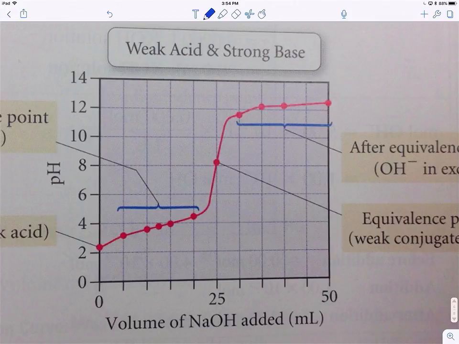It's starting at like 2 something, or maybe even as high as 3 or 4 for a weaker acid. And you have an initial jump up, then it kind of flattens out. I mean, it's still going up, but it's not shooting up. There's this flat area here, then it jumps up, and then it flattens out at the top.